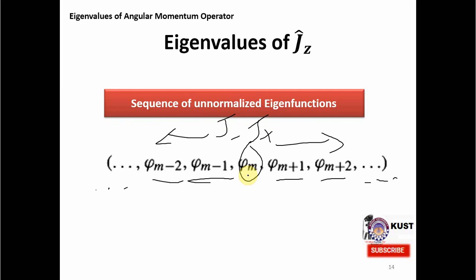Okay, so now we have this sequence constructed, and in the beginning of the second section of the lecture I told you that any component of j, for example jz square, commutes with the j square. So once we have the eigenvalues for the jz, we will have the eigenvalues for the j square. The only thing we have to prove now is that these values are also true for the j square.